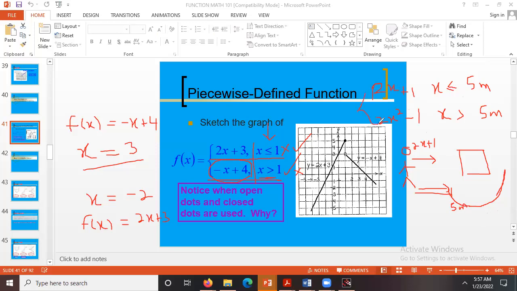So what we are saying is, as long as we are coming and we've not met the obstacle, where x is less than or equal to 5 meters, the robot is going to walk in a straight line. Straight line means you are using a linear equation. But the moment it picks a signal of an obstacle and it gets to that 5 meters, it has to switch.